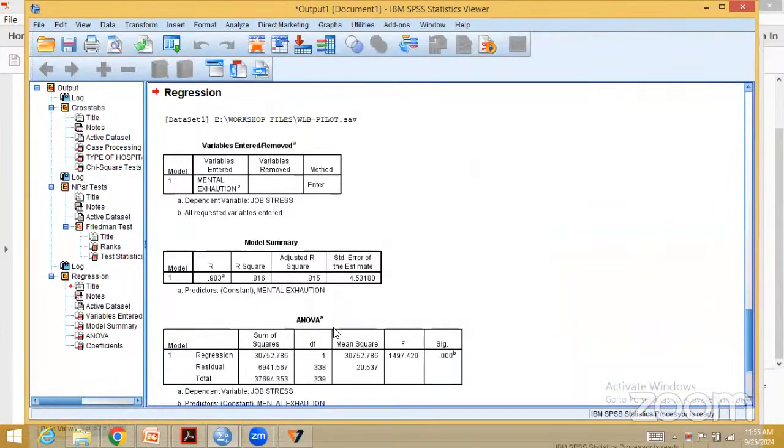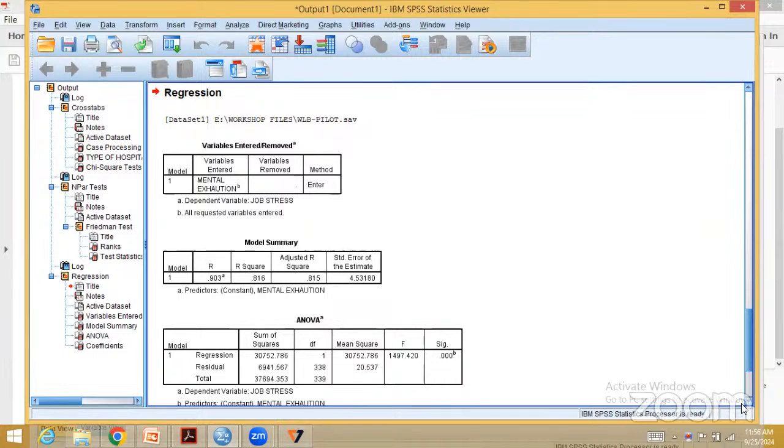Whenever we apply regression, firstly we will observe R square. Second, we will observe the ANOVA, whether the p-value is significant or not.